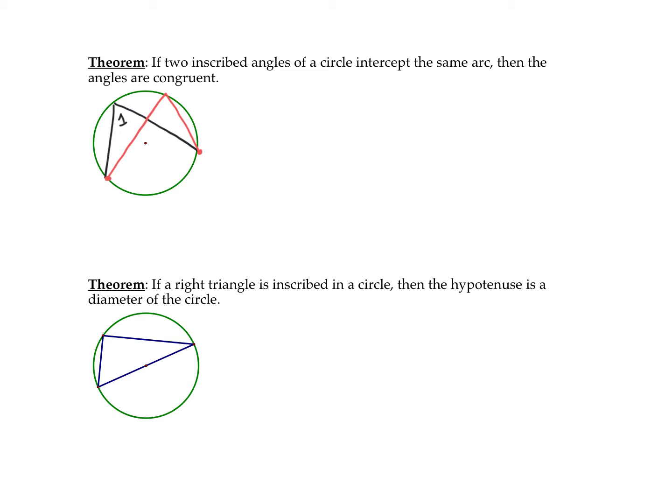Both of these angles intercept the same arc. I'm highlighting the arc in gray for angle 1, and now in red for angle 2. You see that both angles intercept the same arc, so the measure of angle 1 must be equal to the measure of angle 2.